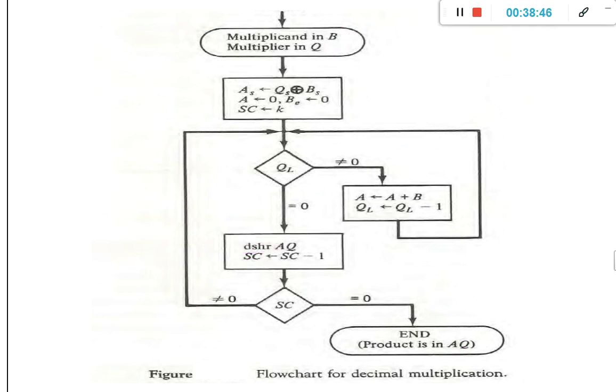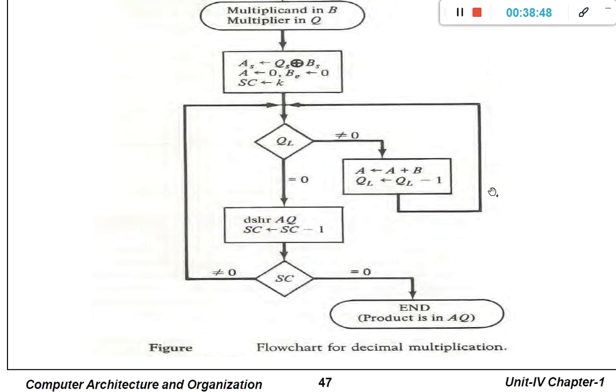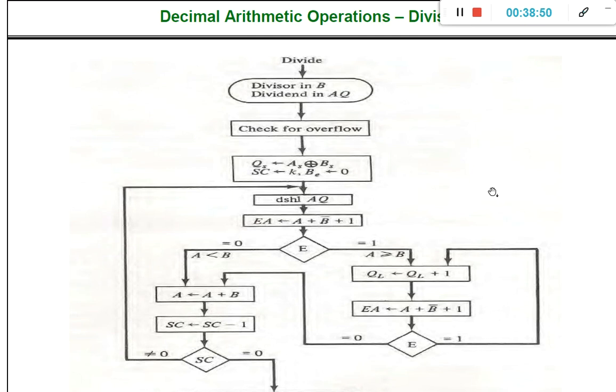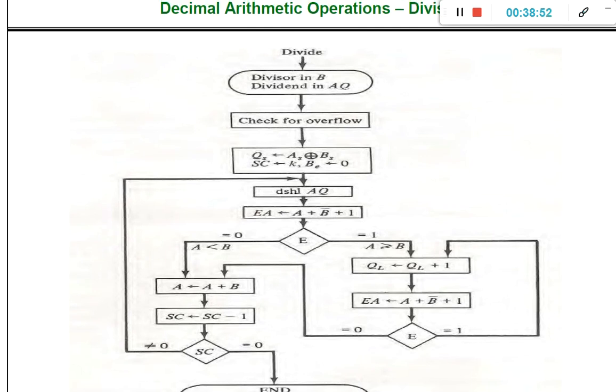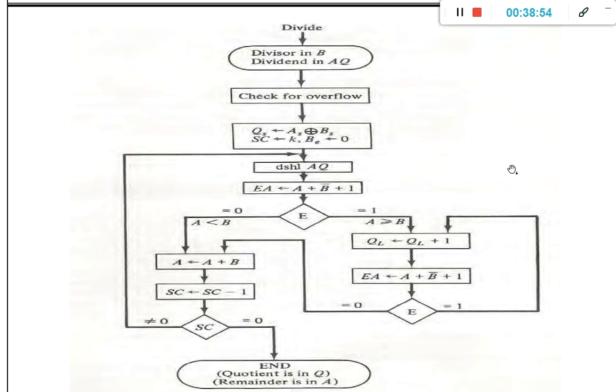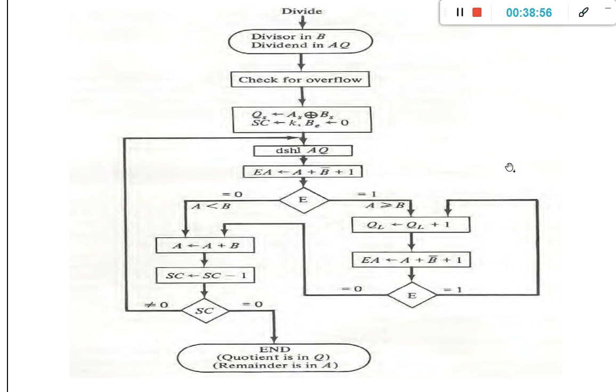Similarly, as far as the division operation is concerned, this is the circuit for division operation. In case of the division operation also, the implementation is the same for binary as well as decimal. However, here also, instead of using the binary shift left operation, we are going to use the decimal shift left operation.